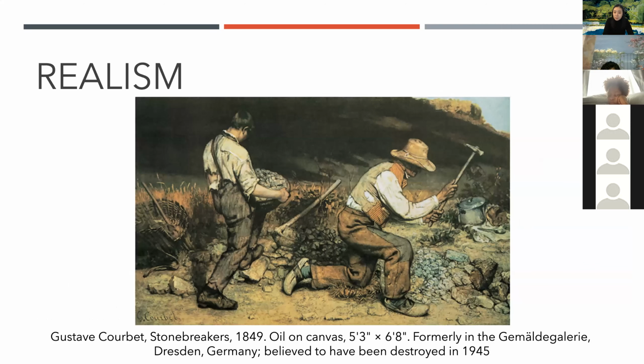So let's just remind what we learned last class. We learned the Baroque and the Rococo, and before the Baroque and the Rococo, we learned the Renaissance, right? And think about that artwork.